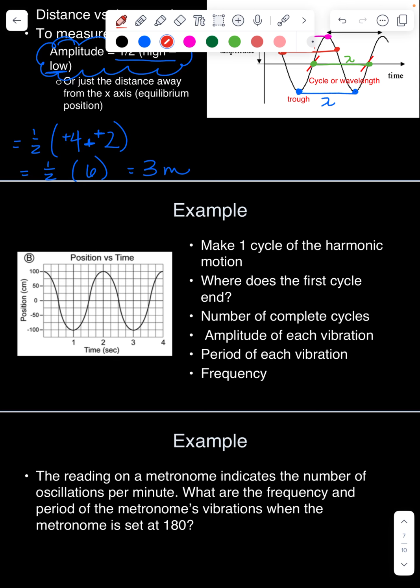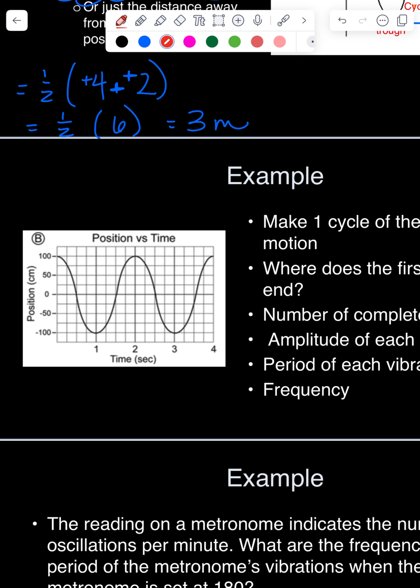All right, so on this graph, the first thing that I want you to do is mark one cycle of the object's motion. If we start at the beginning, that's a crest, so we would go to the next crest. That is one cycle. If we did troughs, we could go from the first trough to the very next trough. That's going to be one cycle.